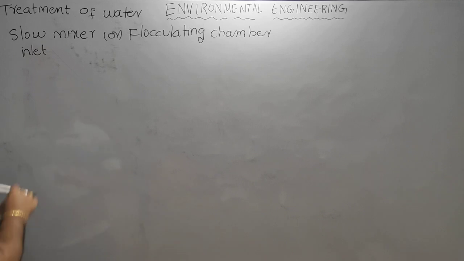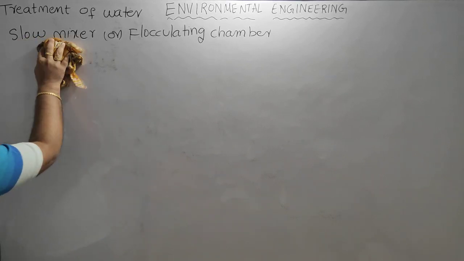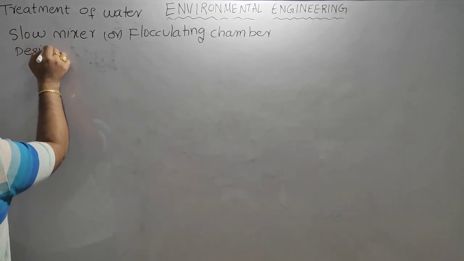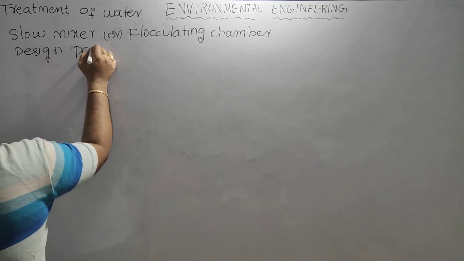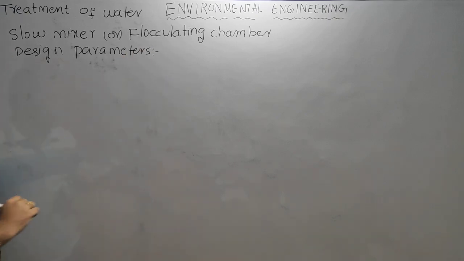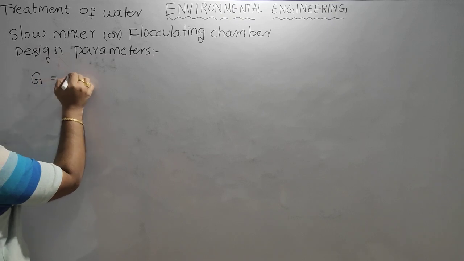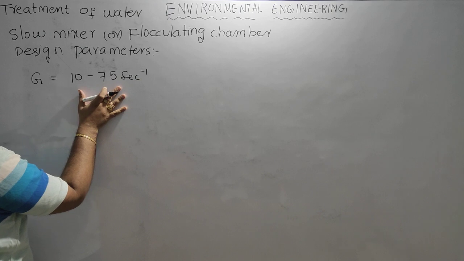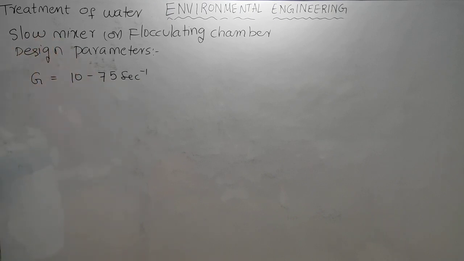So the design parameters of the flocculating chamber: G we need to keep at 10 to 75 second inverse, because here G will be lesser as it is a slow mixer, whereas there it is 700 to 1000 second inverse because it is rapid mixing.